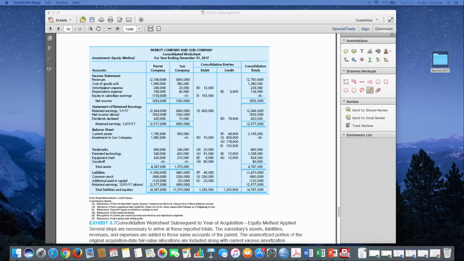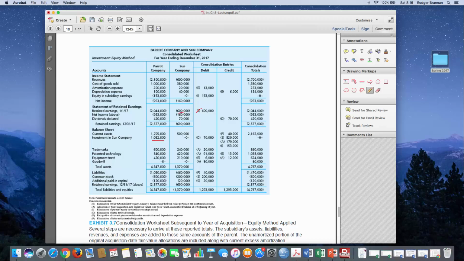Now, again, taking the basic order, what parent wants to do is begin to peel off the amounts from the investment account. Its investment account is right now $1,820,000. So what parent wants to do is peel off, number one, eliminate the beginning equity of Sun.